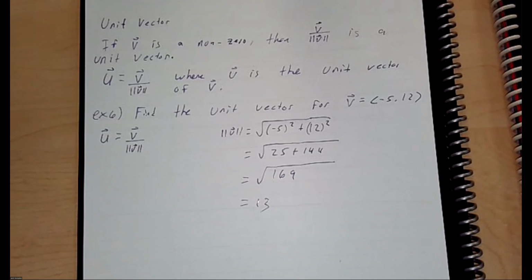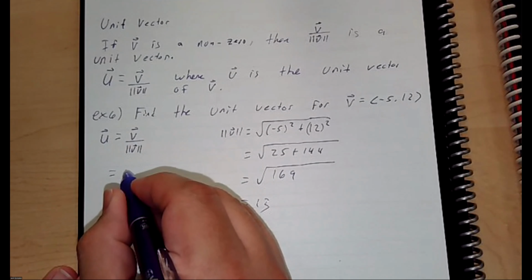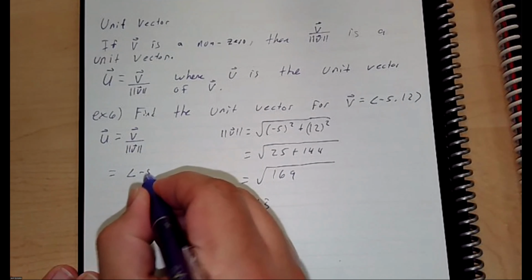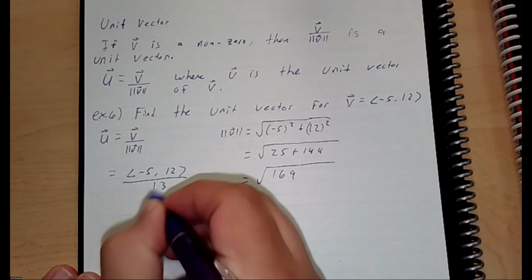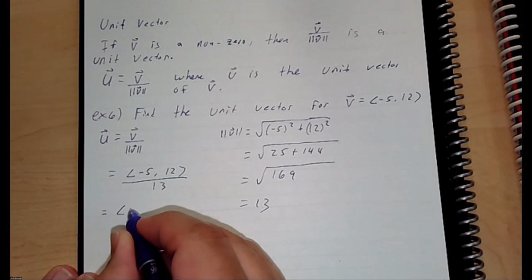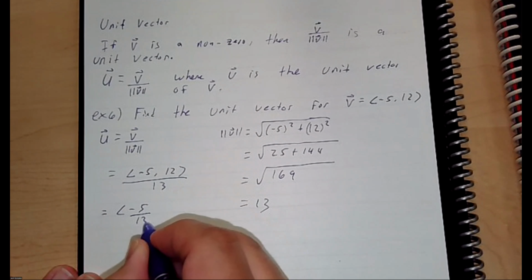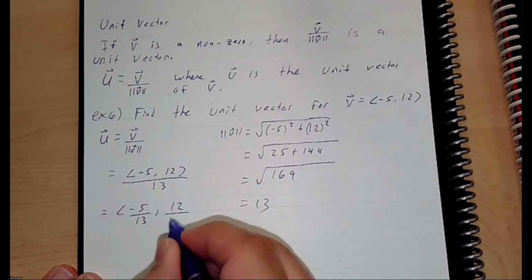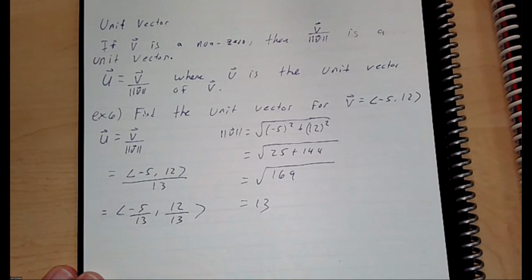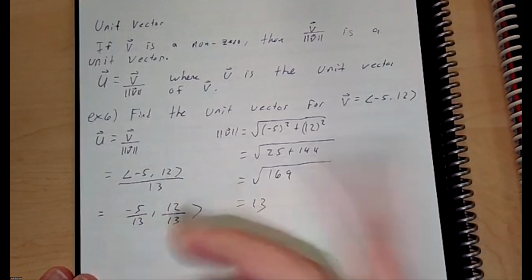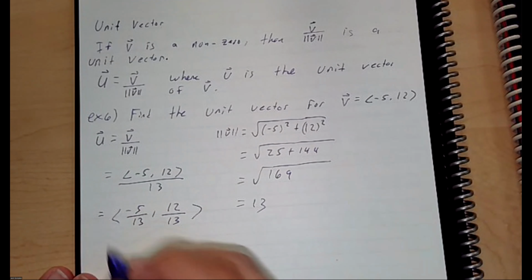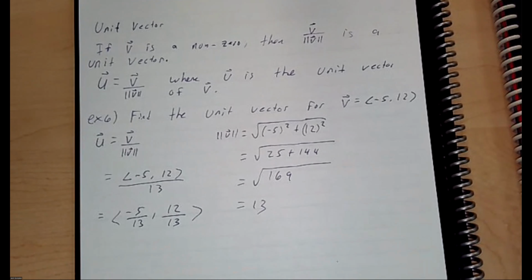So just divide the original by 13 and you're good. So the unit vector U will be this divided by 13. And that's it. That makes sense? Is that okay?